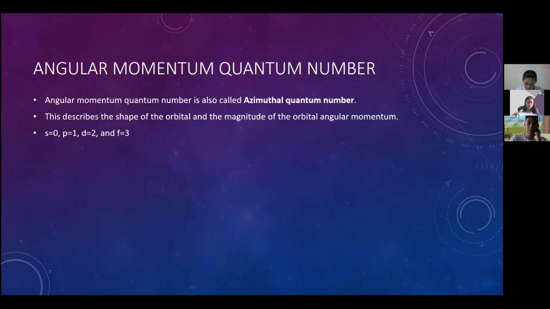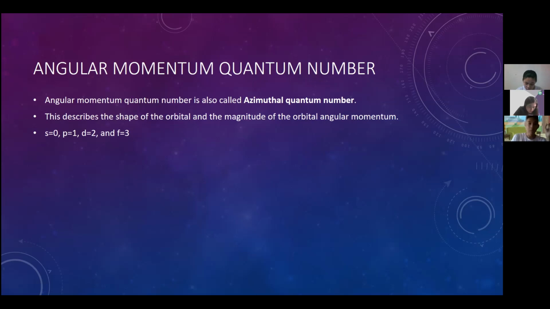The angular momentum quantum number is also called the azimuthal quantum number. This describes the shape of the orbital and the magnitude of orbital angular momentum.